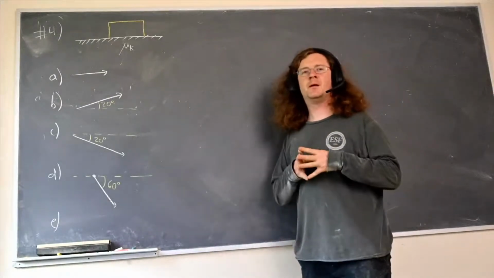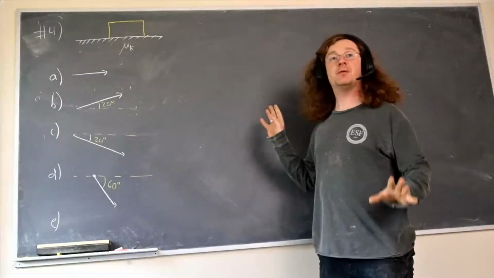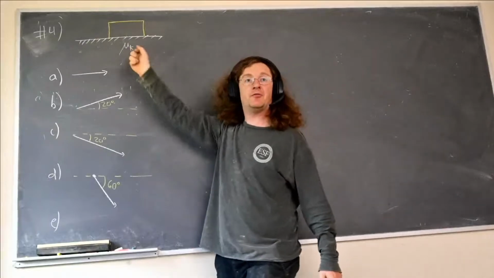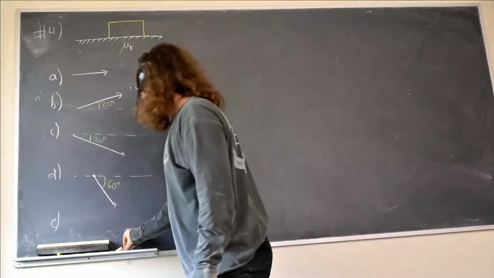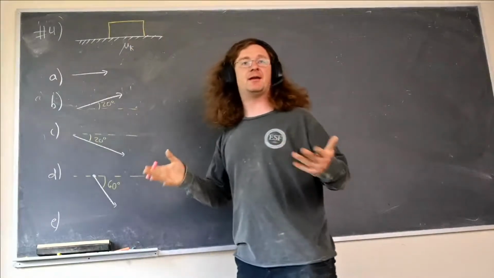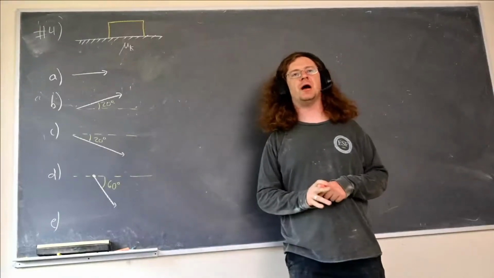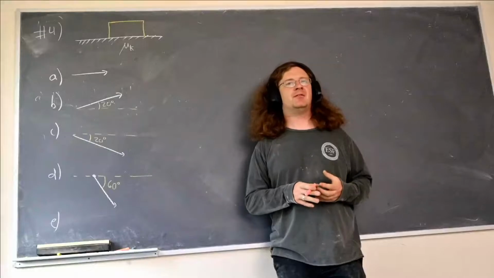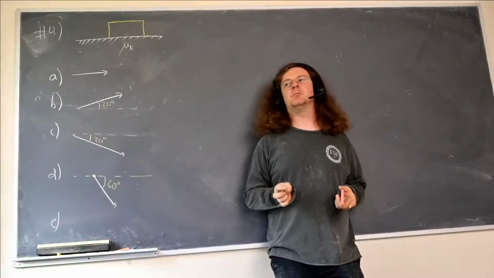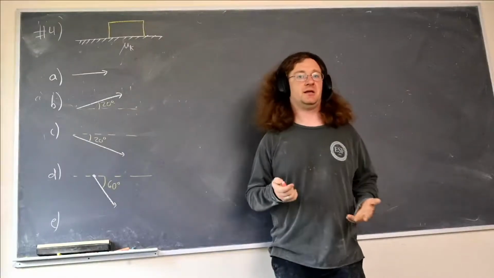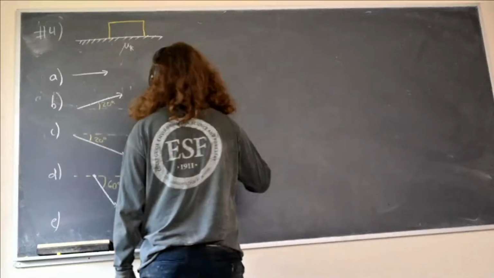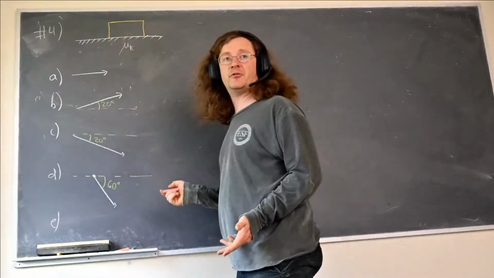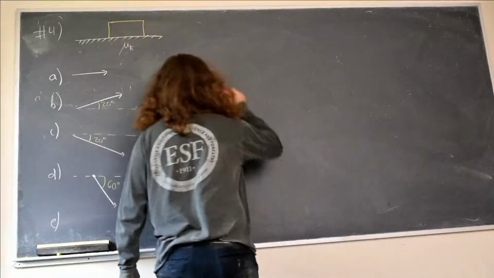The big idea is that the frictional force here depends on the normal force. Let's write down the sort of thinking steps. And it's always a good idea when you're doing a problem to think through what's going to go on and try to anticipate not what the math will look like, but what the physics is. So we're trying to figure out how hard we have to push this thing to make it move at constant velocity.